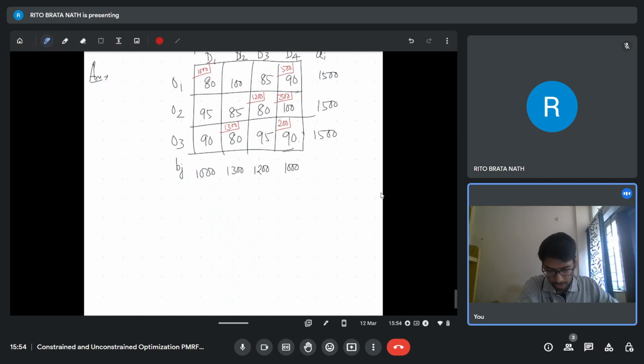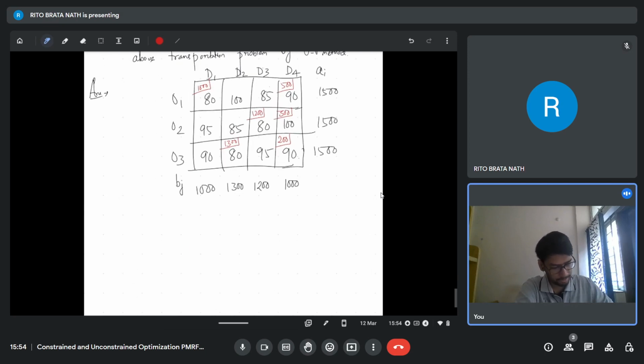Now you have to first pick the highest occupancy column, or you need not do that. The occupied cells here are 1 1, 1 4, 2 3, 2 4, 3 2, 3 4. The row comes first and then the column.